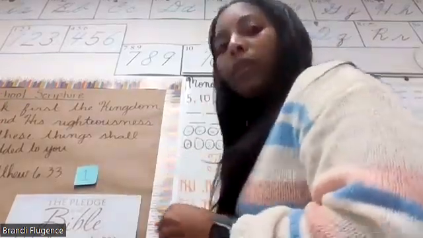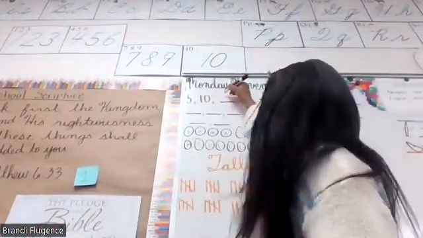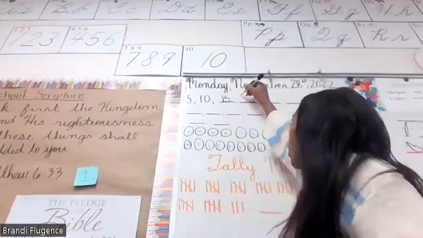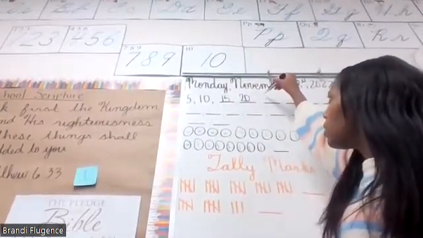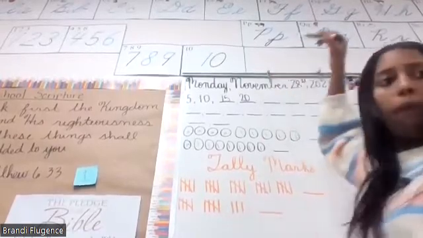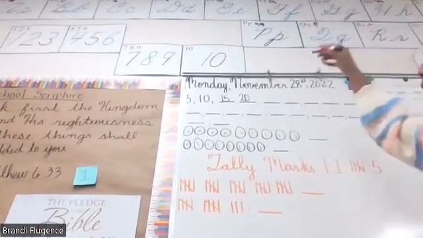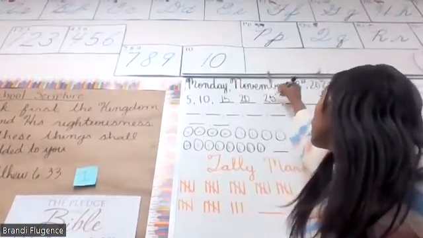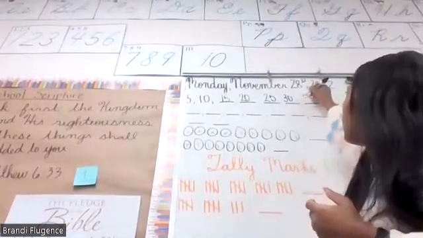What will come next? Asa? 15. Braylee? 20. Elijah? 25. Cairo? 30. David? 35.